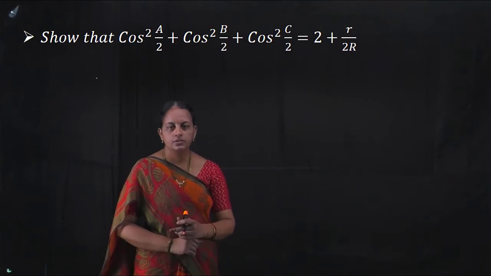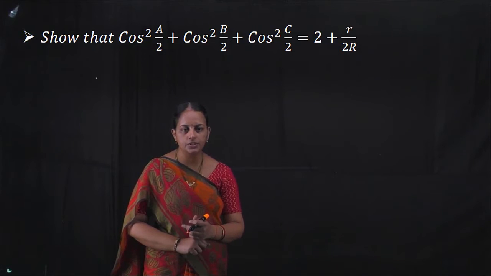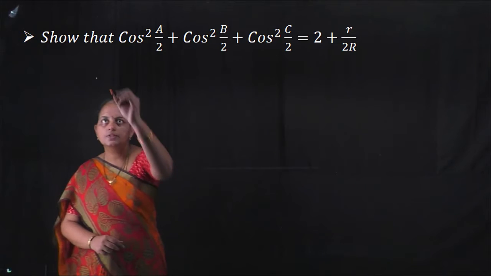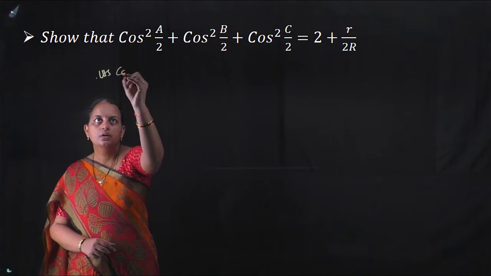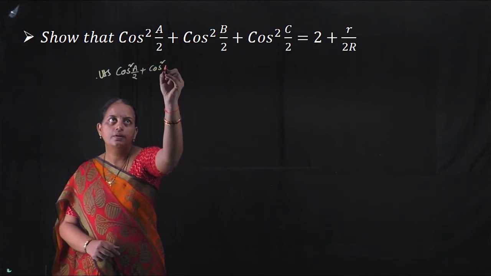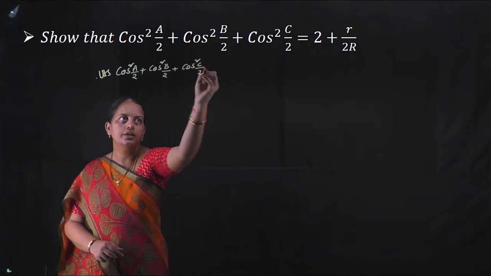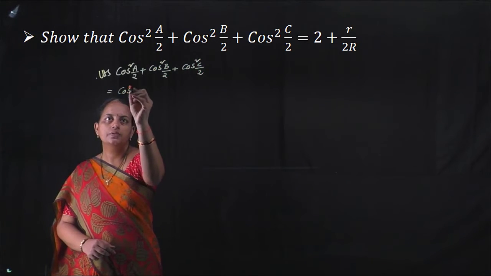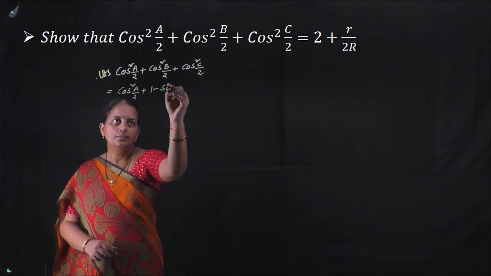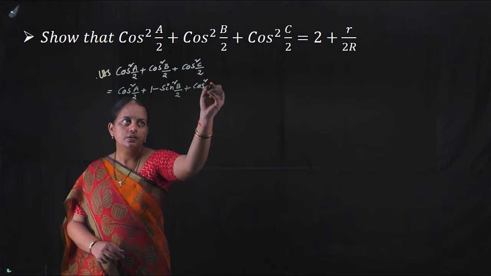Next one is show that cos square A by 2 plus cos square B by 2 plus cos square C by 2 is equal to 2 plus small r by 2 into capital R. Consider the LHS part, that is cos square A by 2 plus cos square B by 2 plus cos square C by 2. It can be written as cos square A by 2 plus cos square B by 2, which means 1 minus sin square B by 2, plus cos square C by 2.